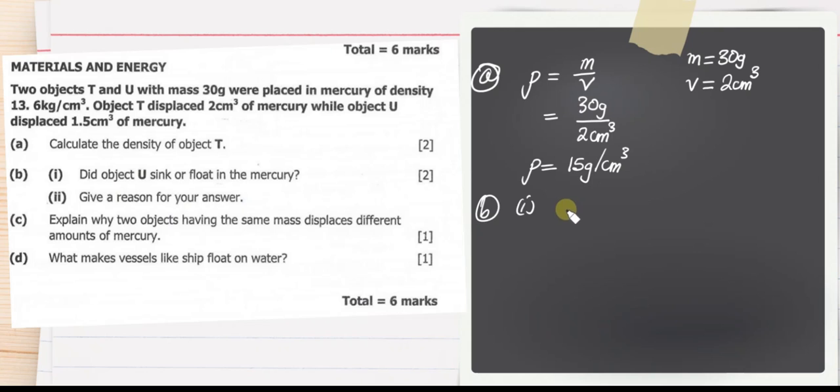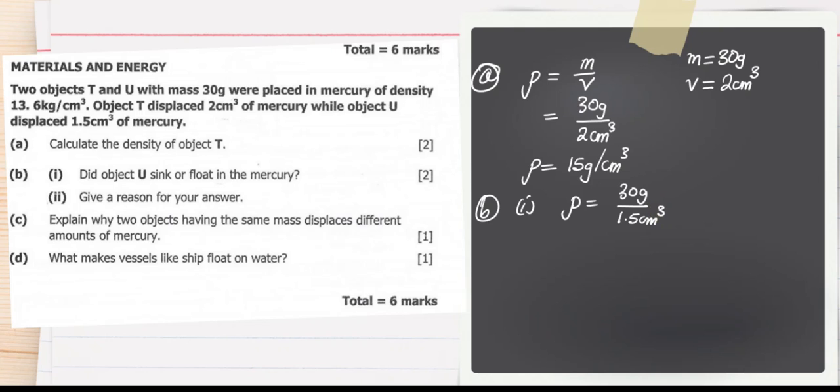The density of U here will be equal to the mass of U, because I said the mass will be the same, which is 30 grams, over the volume which it displaced, which is 1.5 centimeter cubed.